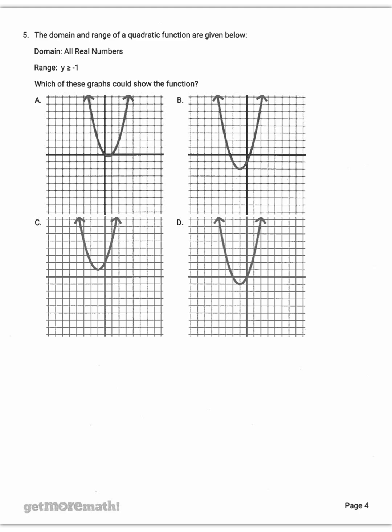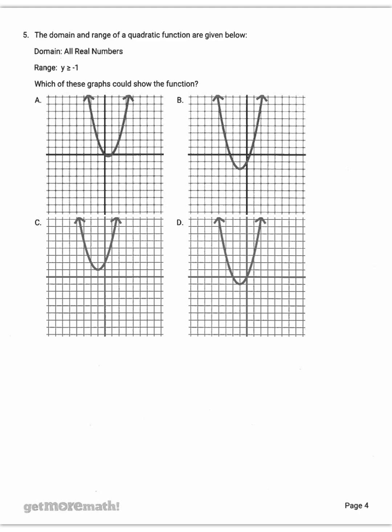Okay, number 5. 1, 2, 3, or 4. And what does it say? Y is what? Greater than. Okay, so greater than, does that help us? Not really. All of them are greater than. So if it's greater than -1, should the vertex be below the x-axis or above? Below.